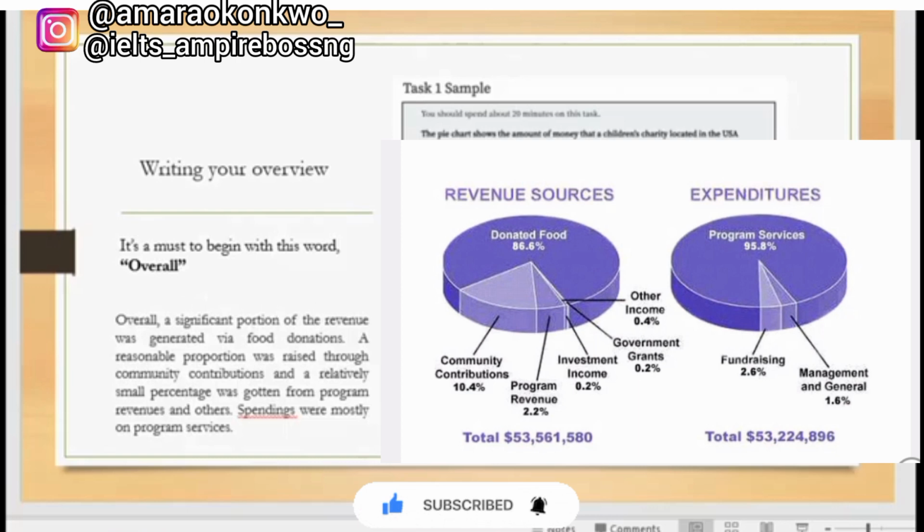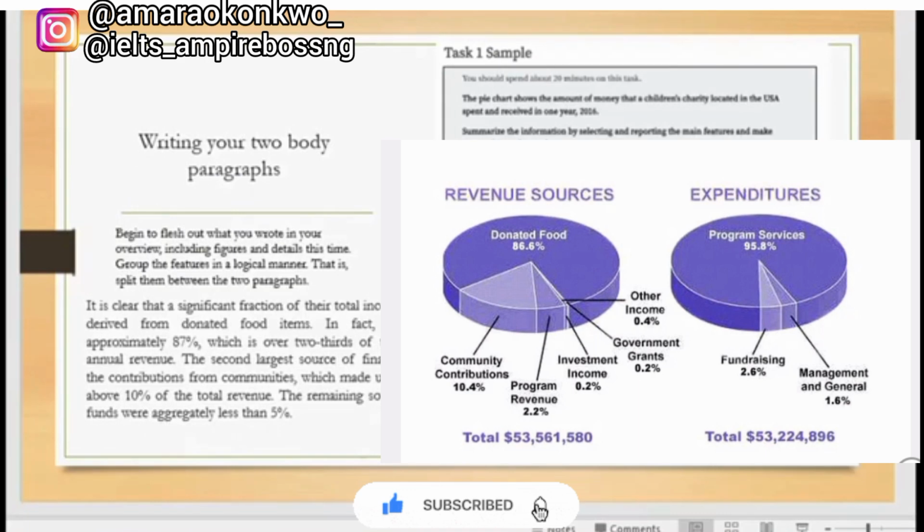So these are words you can use to relate with percentage. You can use things like rates, proportion, percentage, portion. You can also use fraction because they've been measured in percentages and not unit amounts. They were not measured in monetary values. It was only the total sums that were in monetary values. And we are not to mention figures in our overview. So we didn't even mention them here. Understand? Now, let's move on.